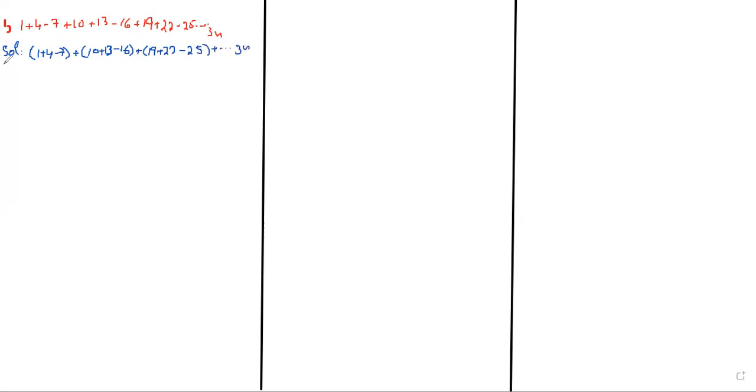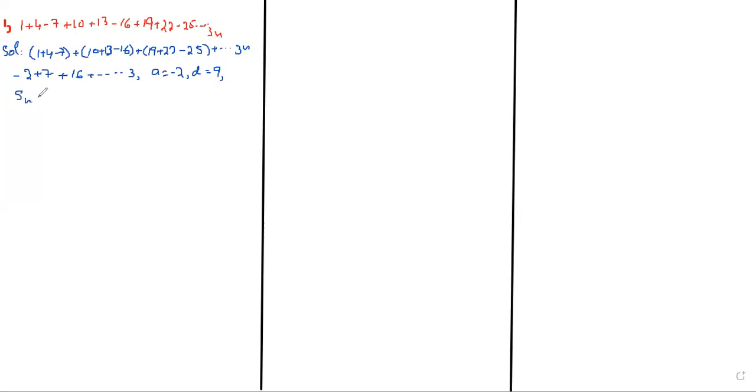This will become minus 2. This will become plus 7. This will become 16. And up to the 3n. Now here a equals 2, d equals 9, and n is equal to 3n, and we have to find Sn.